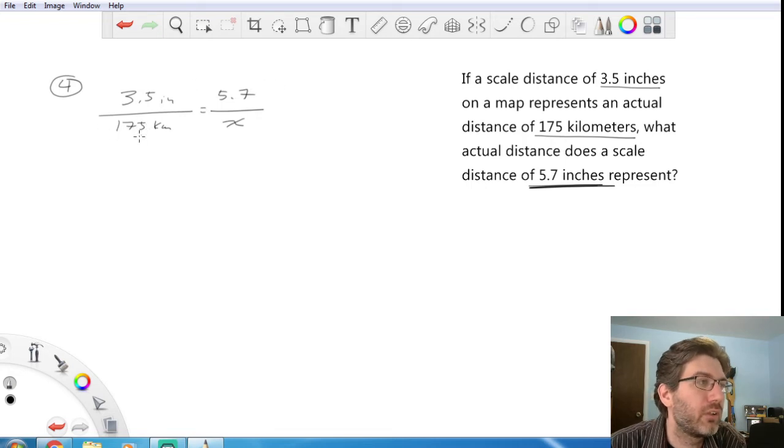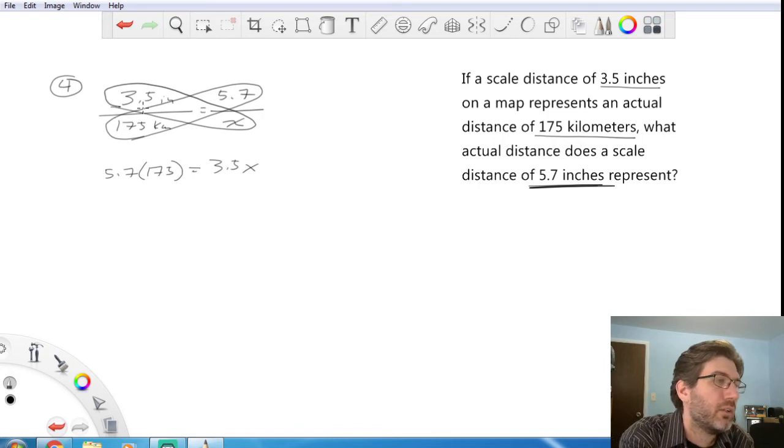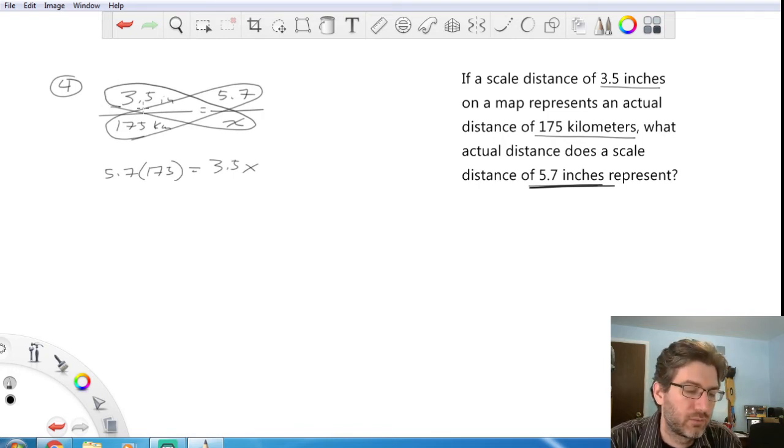But here, to solve, you're going to do cross products. So 5.7 times 175 is equal to 3.5 times x. 5.7 times 175 gives me 997.5 equals 3.5x, and again do your algebra here.